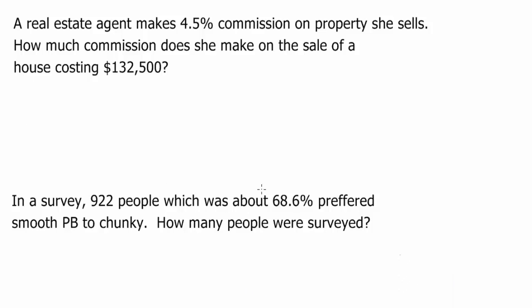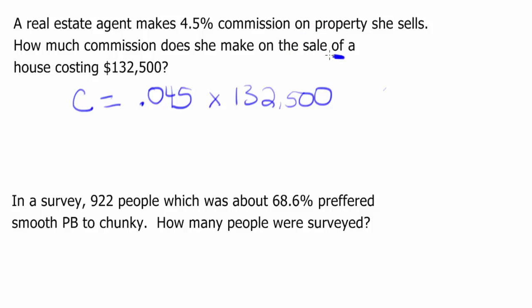Okay, so, whoops, I gotta plug my computer in. So here, when we write this, her commission equals, so we got to change this into a decimal, 0.045 of what she makes. Okay, it's 0.045 of the house. Sometimes you got to think about it, because there is the of right there if you look for it, but there's really not an is.